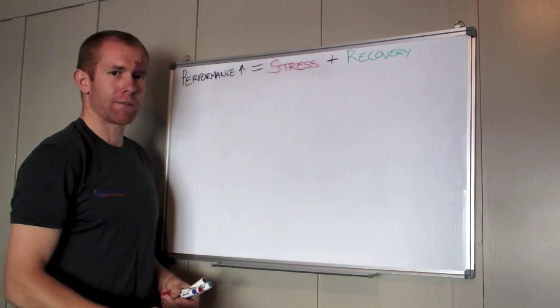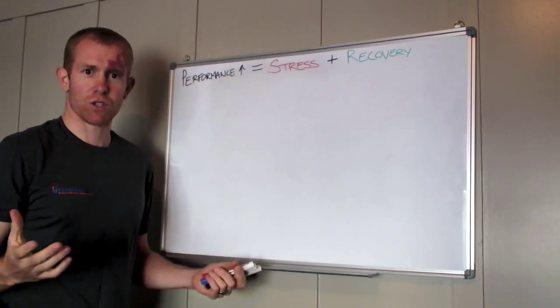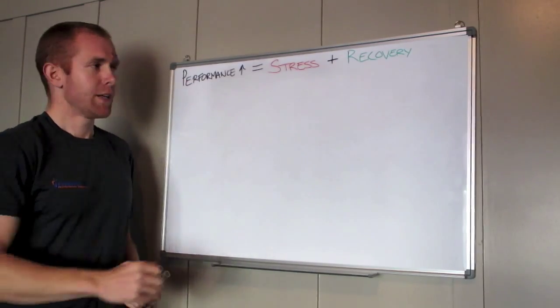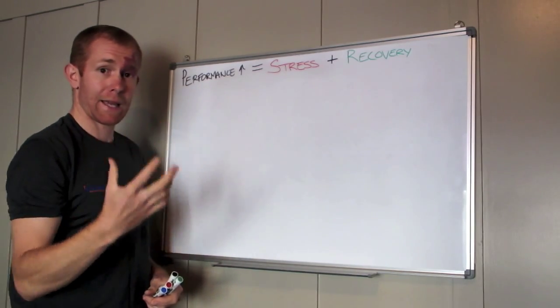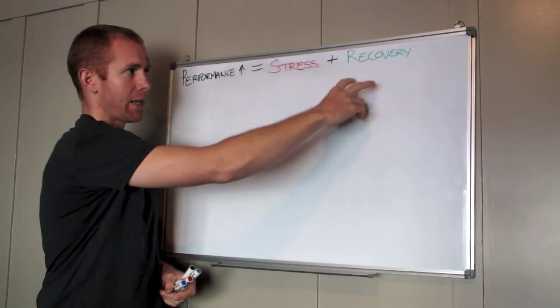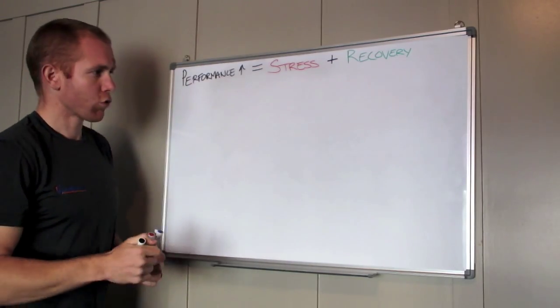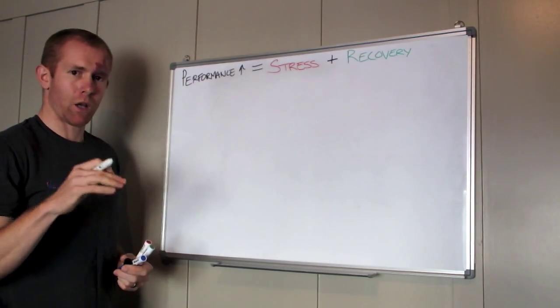Or if you don't recover enough, or you recover too much, not doing enough training, then again you won't get the desired results. So we need to focus on the appropriate stress for the outcome that we're after, and also the appropriate recovery.